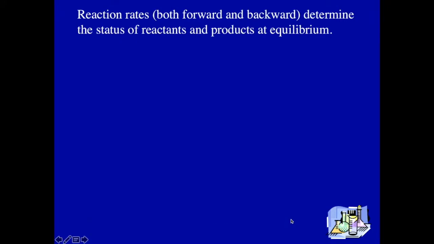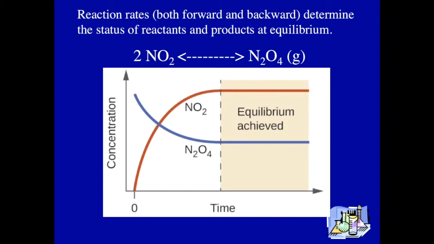Reaction rates, both forward and backward, determine the status of reactants and products at an equilibrium. Now, this one, we've seen it before. I'm introducing dinitrogen tetroxide, and I'm also producing nitrogen dioxide.